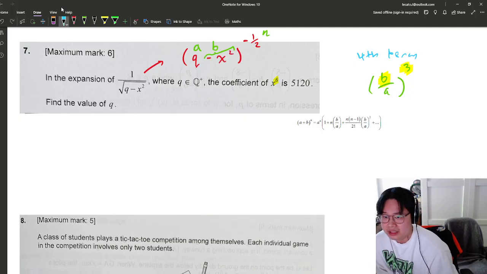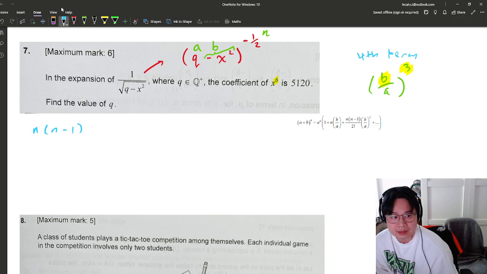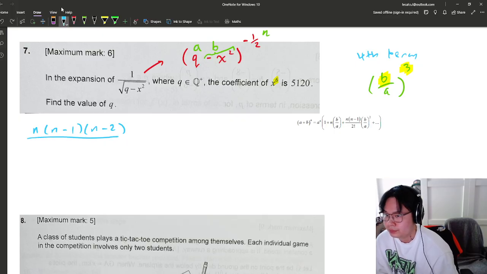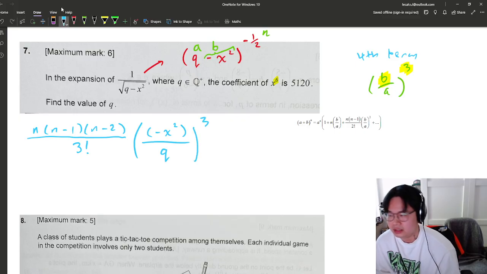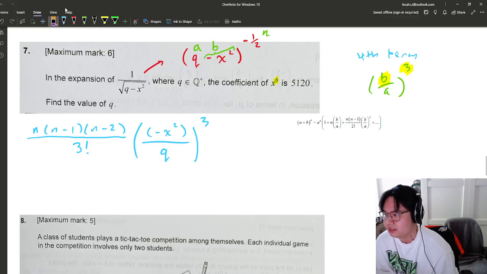Okay, so then that means that we have n times n minus 1 times n minus 2 over 3 factorial, times negative x squared over q cubed, right? And then plug in n, which is negative 1/2.